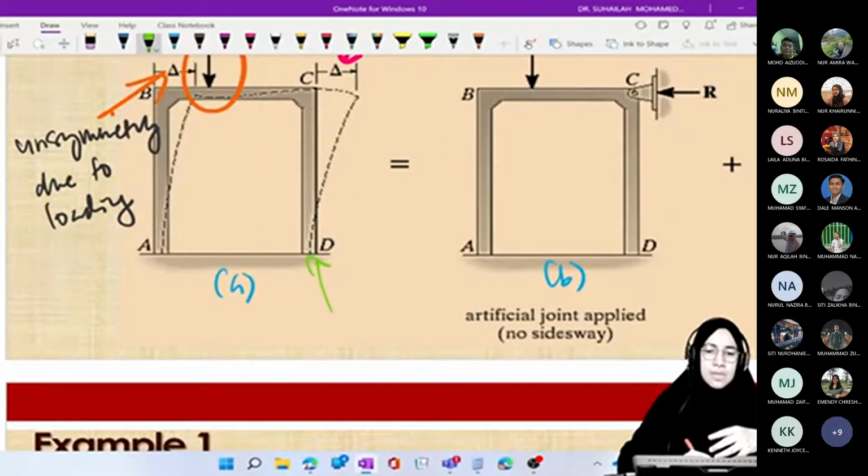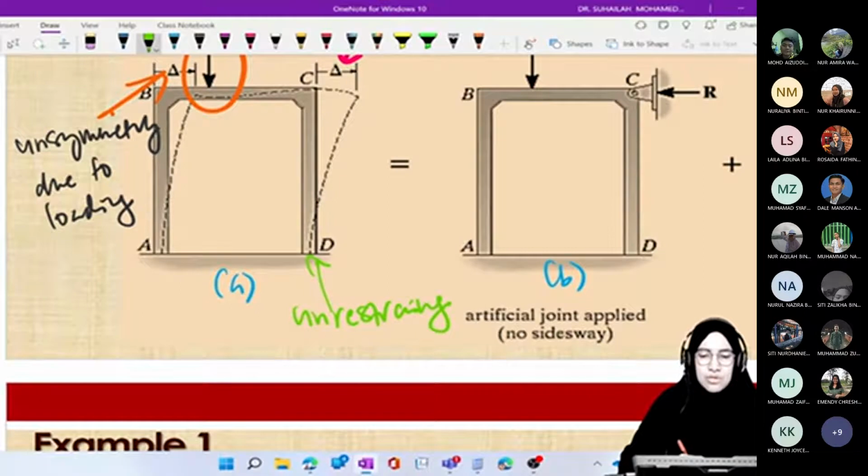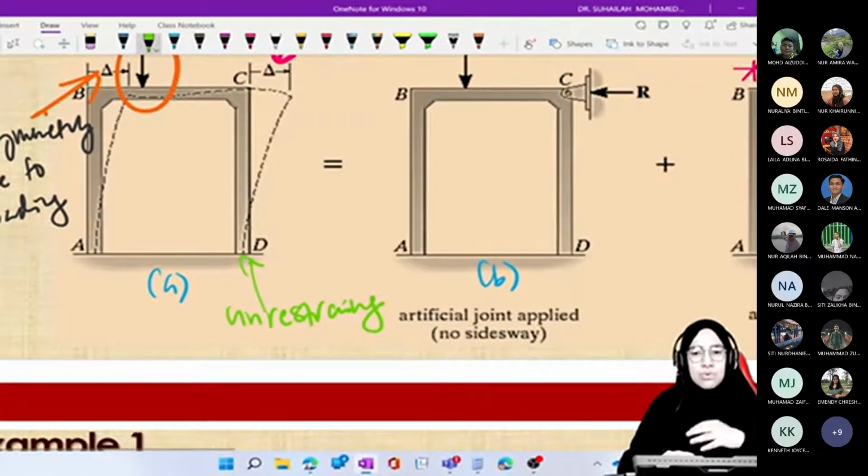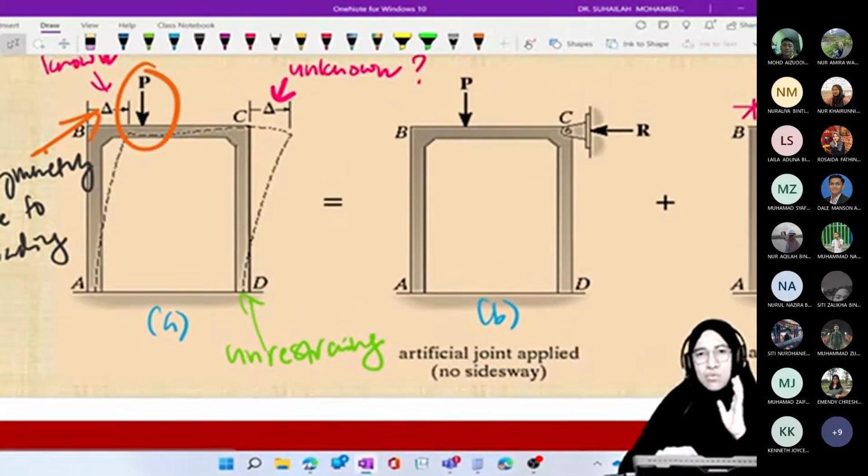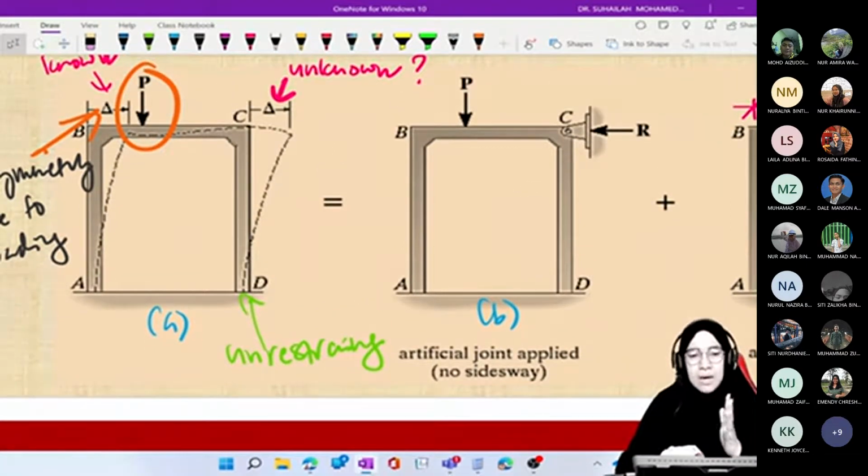This is called unrestrained. Restrained refers to a horizontal force, which acts like a wall that holds the frame from moving to the right or left direction.